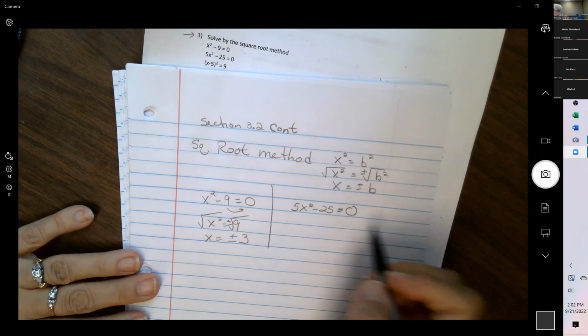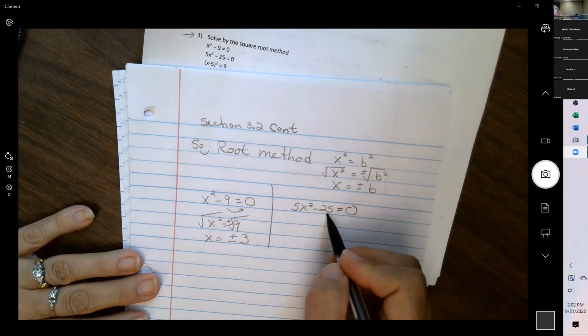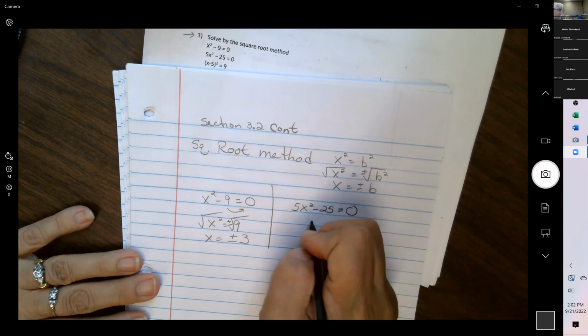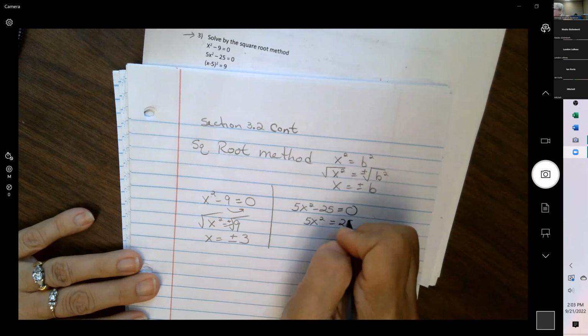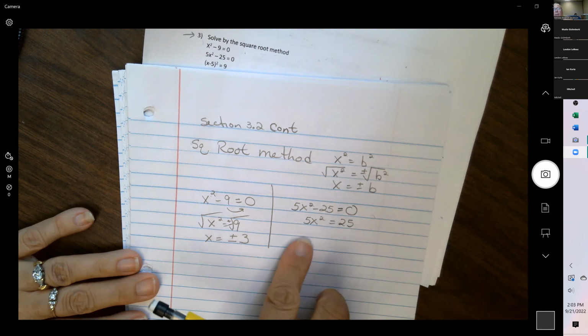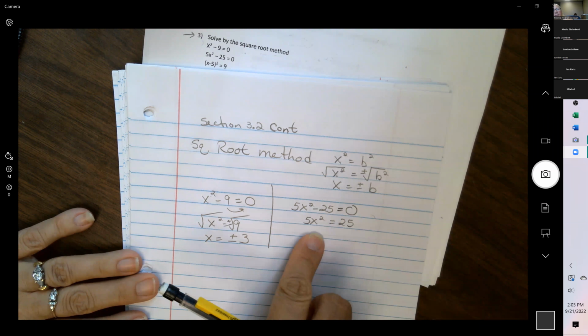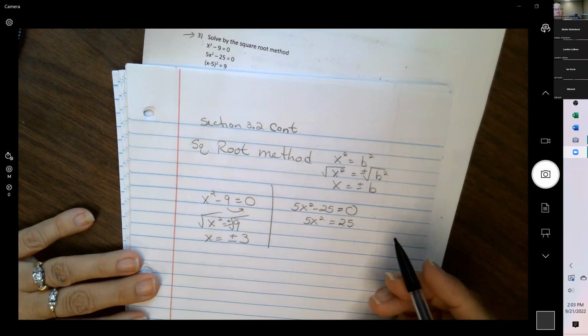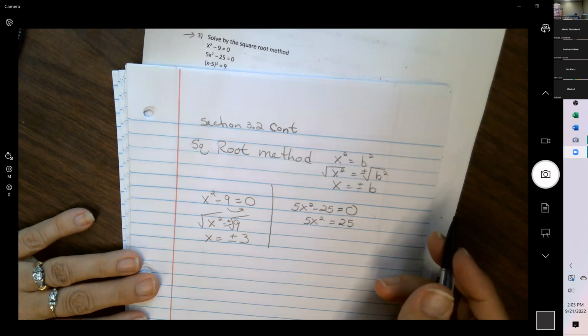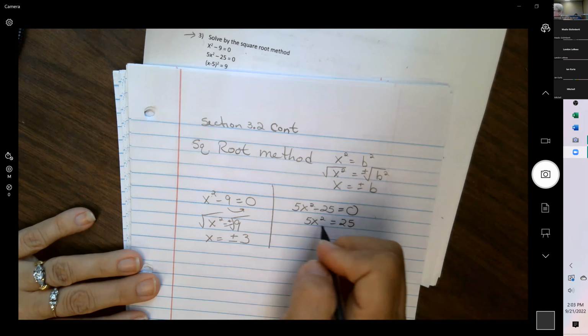The other one, we have to move the 25 to the other side by adding it. But you still need the squared part by itself. How do we get rid of the 5? Anyone? Since you're multiplying, divide it.